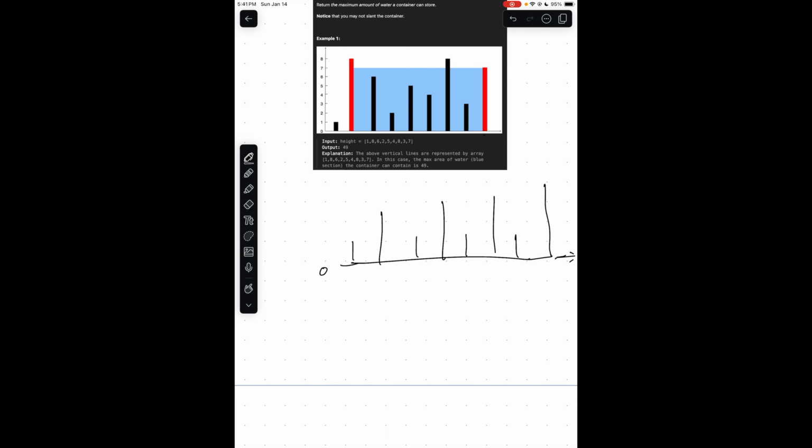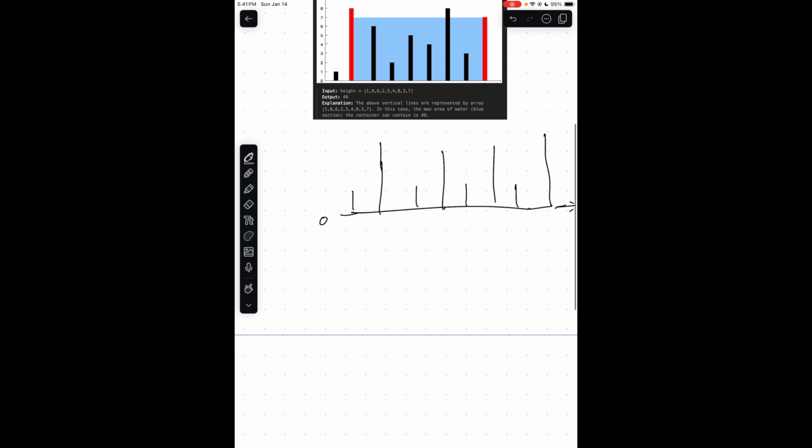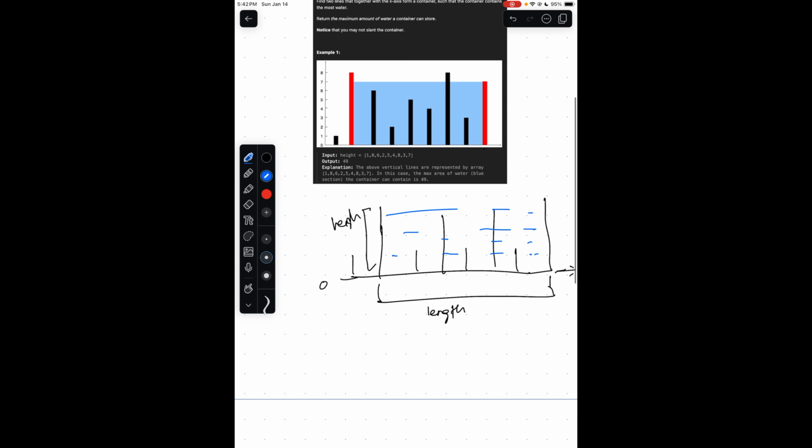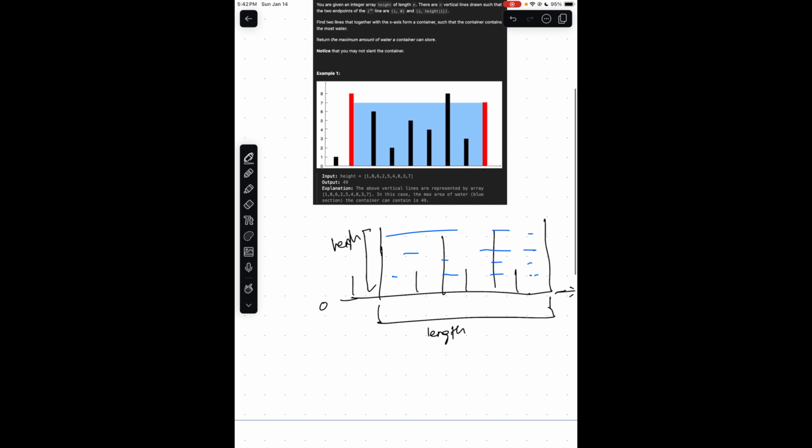What does a container storing more water mean? Basically, if we are finding how much water can be stored, we have to multiply this length and this height, because it is going to be storing this much water. So basically we have to calculate this is the length and this is the height.